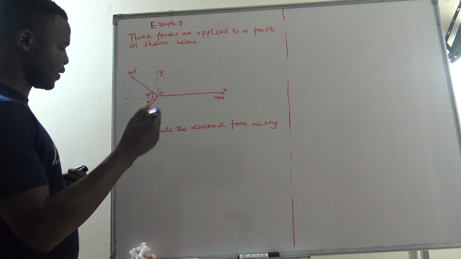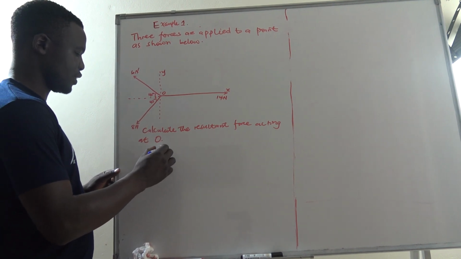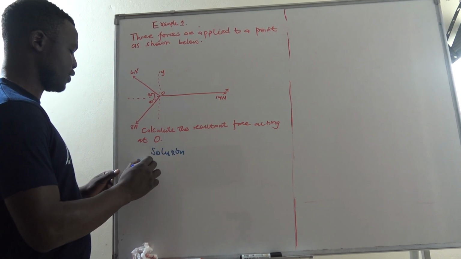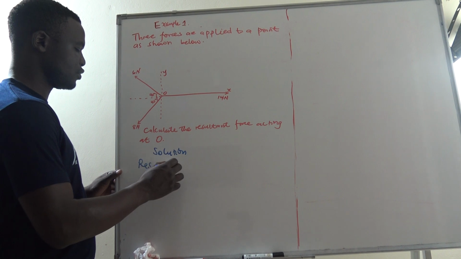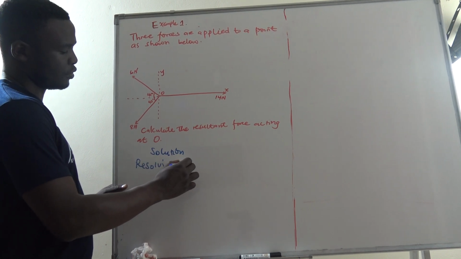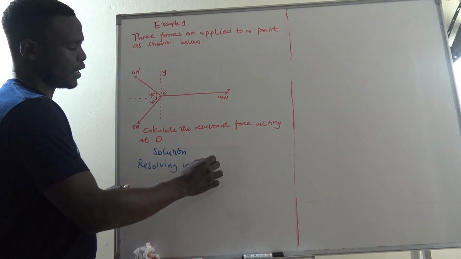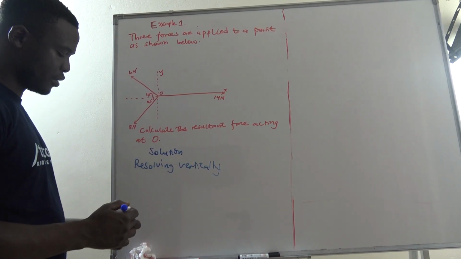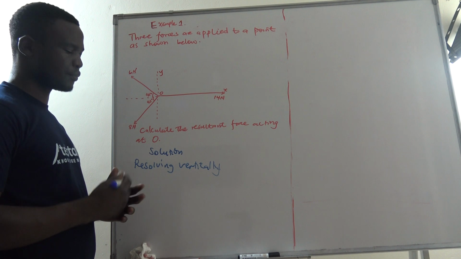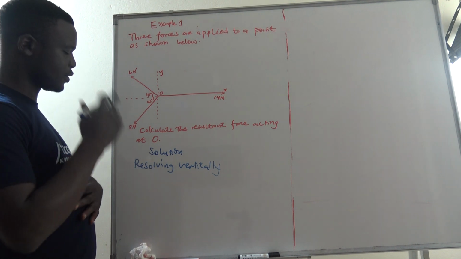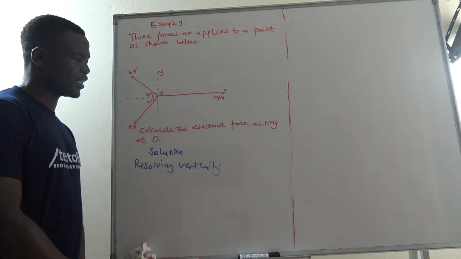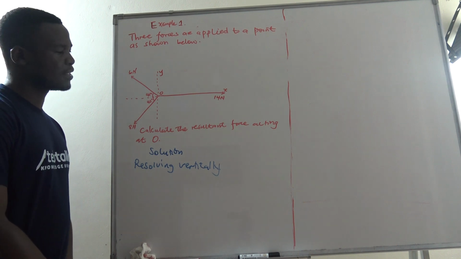So let's look at our solution here. We shall begin by resolving vertically. Now you remember when we were looking at resolving forces, we said that when we are resolving vertically, we use sine.